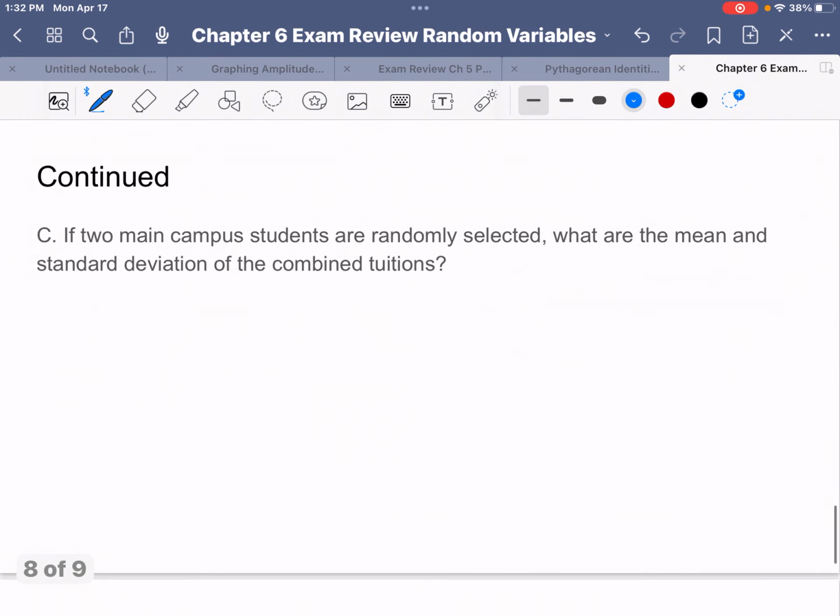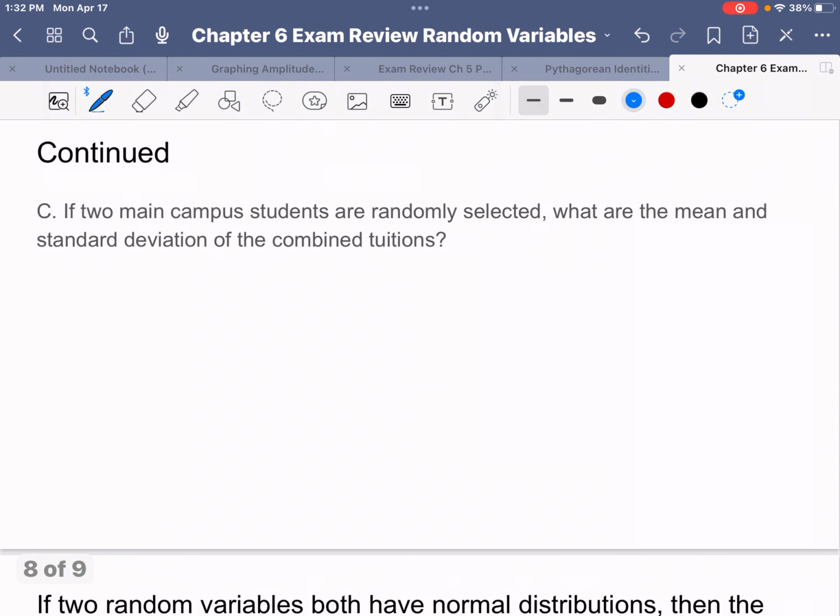If two main campus students are randomly selected, what are the mean and standard deviation of the combined tuitions? This part C is given on purpose to remind you of a very common mistake. If two main campus students are randomly selected, are they asking me to find the expected value of student 1 plus student 2? Or am I asked to be finding the expected value of two main campus students?